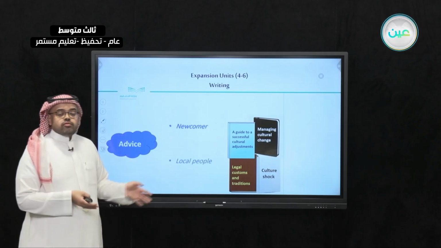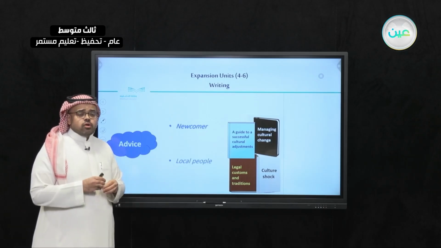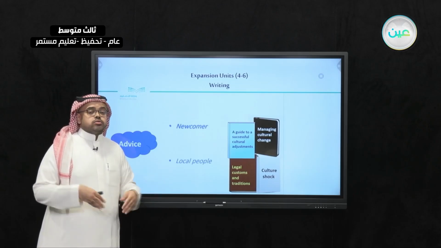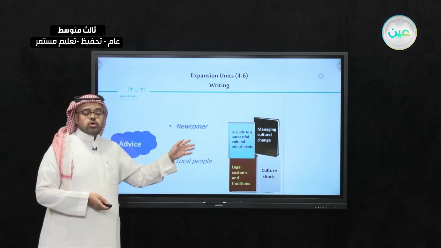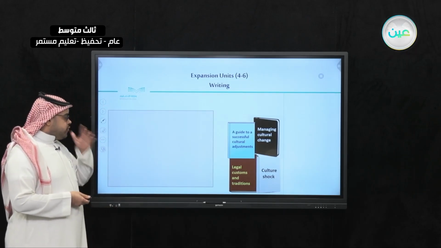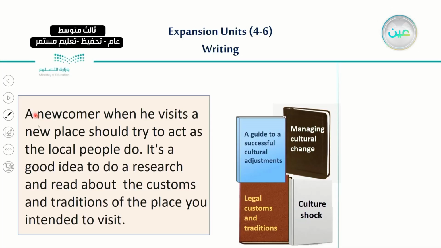So here I'm going to write you a sample, and these are only a few sentences. You can, of course, write more about what kind of advice we should give to a newcomer and also to the local people. So the first advice I would give to a newcomer is the following. A newcomer, when he visits a new place, should try to act as the local people do.